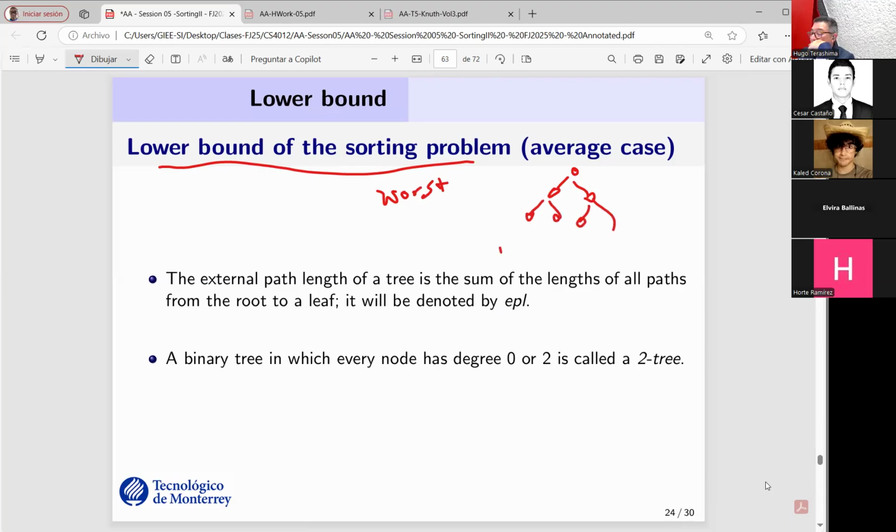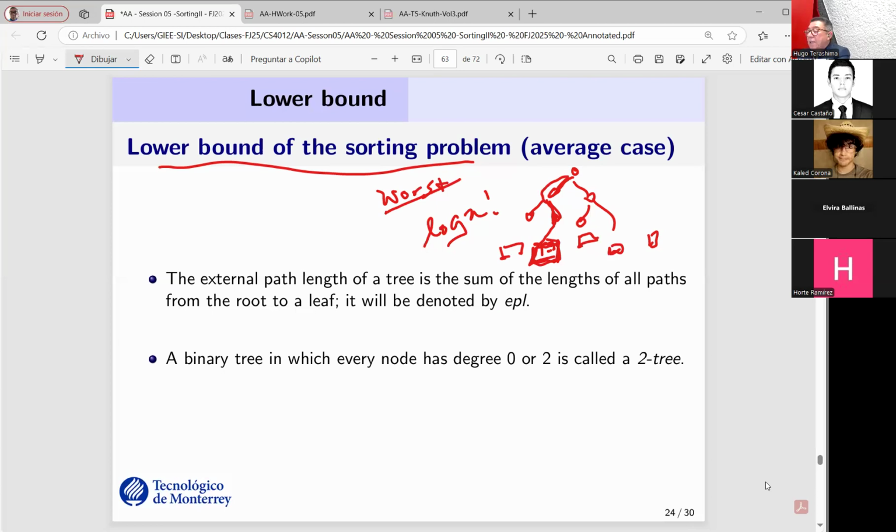At the end, in the leaves, we have all the possible sortings, or permutations. And we looked for the branch that took me to the largest path, to one of the permutations, which was the worst case. That was given by log of n factorial.